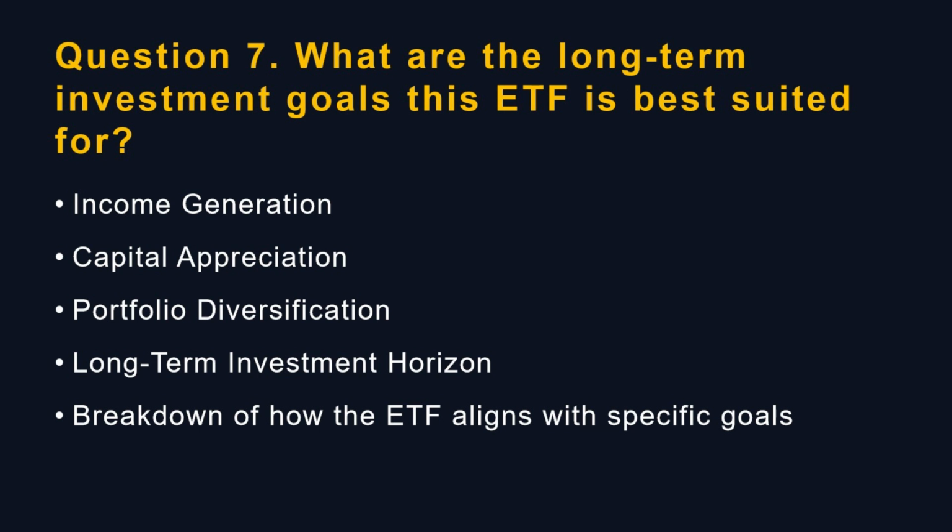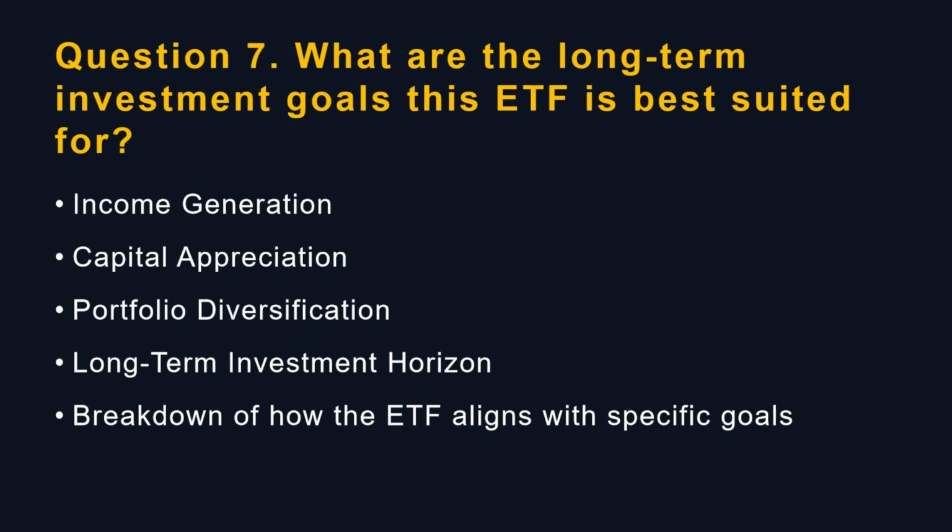This income stream can be a valuable source of cash flow for investors seeking regular payouts, particularly retirees or those nearing retirement. Capital appreciation. While not a high-growth asset class, the ETF has the potential for capital appreciation over the long term. As bond prices generally rise when interest rates fall, the ETF's NAV can benefit from these long-term trends.